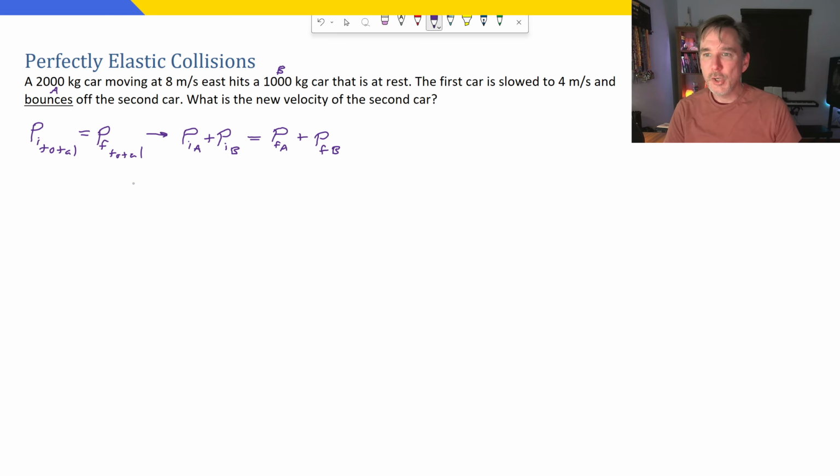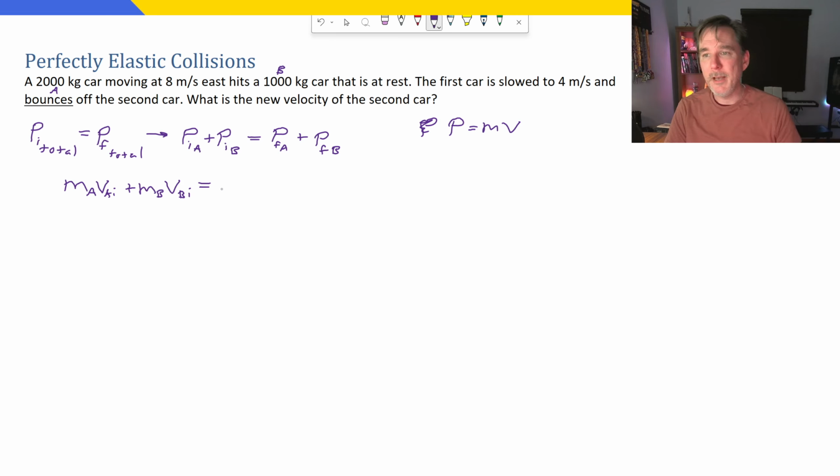So the initial momentum of what I'm calling car A is, well, just remember momentum, that's a P. Momentum is mass times velocity, right? So the mass of car A times its initial velocity, that's the first P there, plus the mass of car B and its initial velocity will be equal to, and again, they bounce off each other, so they don't combine.